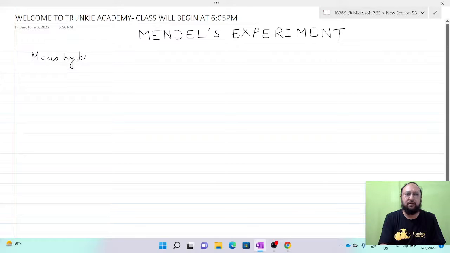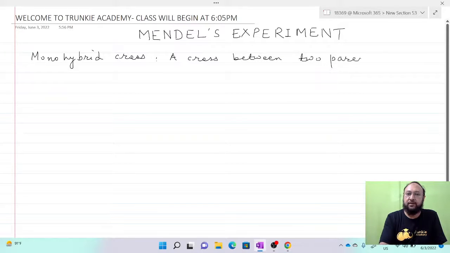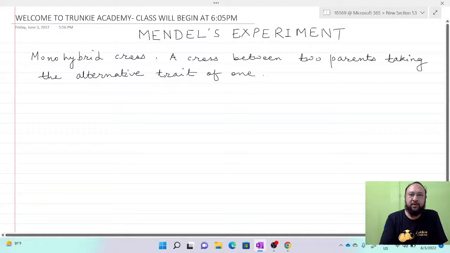A monohybrid cross is a cross between two parents taking alternative traits of one single character.